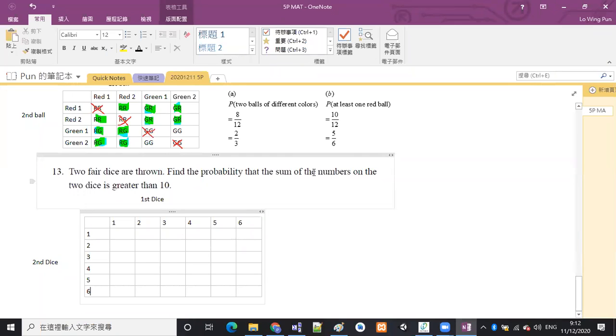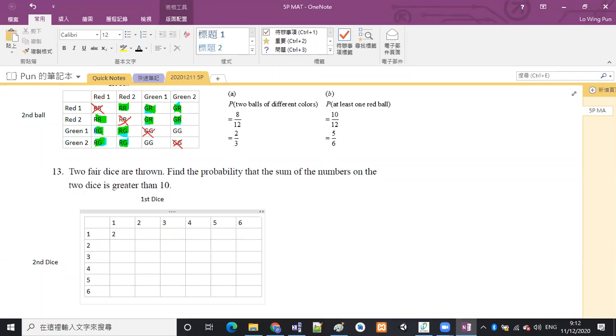The probability that the sum of the numbers is greater than 10.